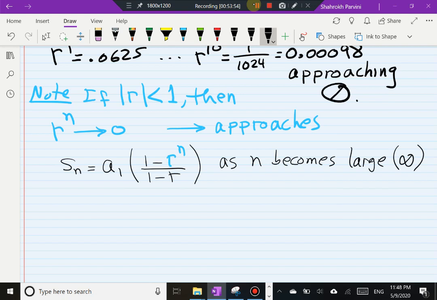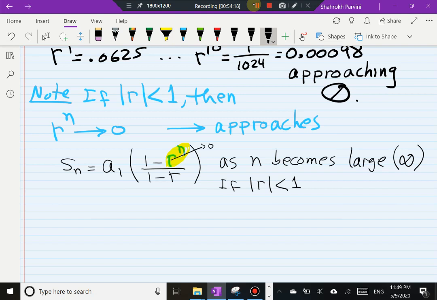Millions, billions, trillions, whatever that n might be. Very large. So r to the n approaches 0, right? And if the absolute value of r is less than 1, then this part becomes 0.